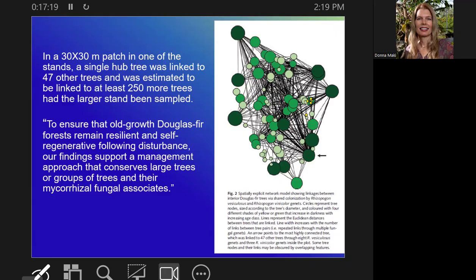So what's the historically preferred way of logging? What do they normally do when they go to log trees? Clear cut, right? And they often use machinery that can be very damaging to whatever is in its path, not just the trees. We'll come back to that idea because I'm going to talk a little more about further work she's been doing on how we maintain forests. She works in a forestry department at the University of British Columbia, so she's a trained forester.